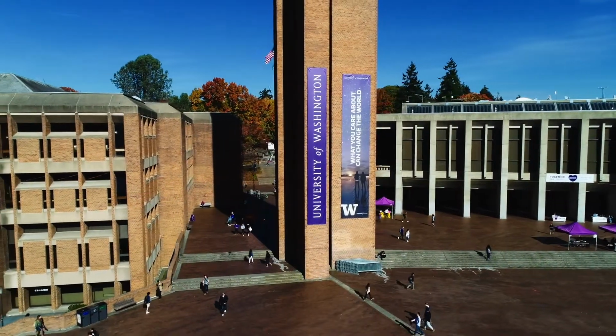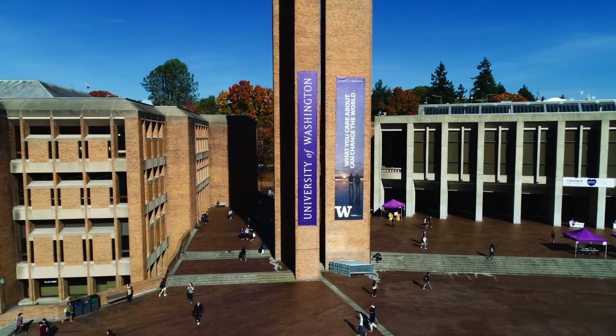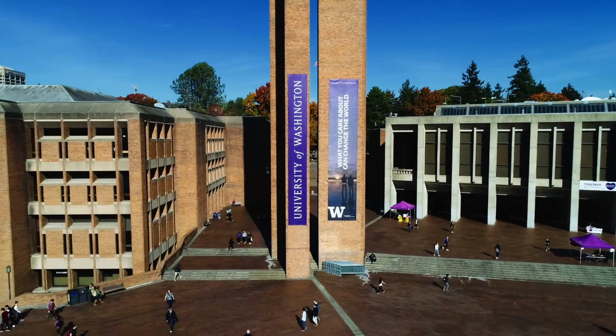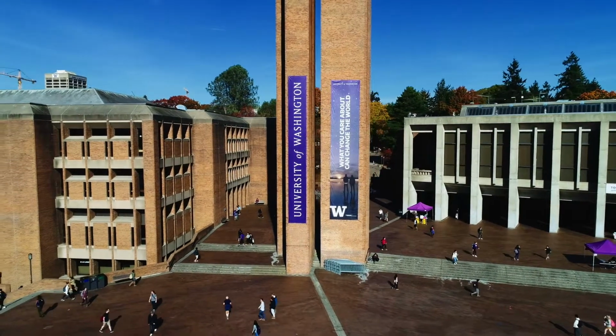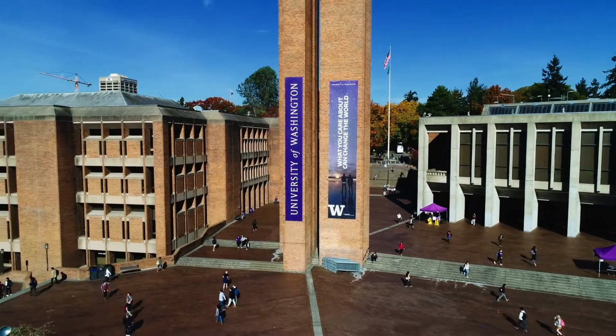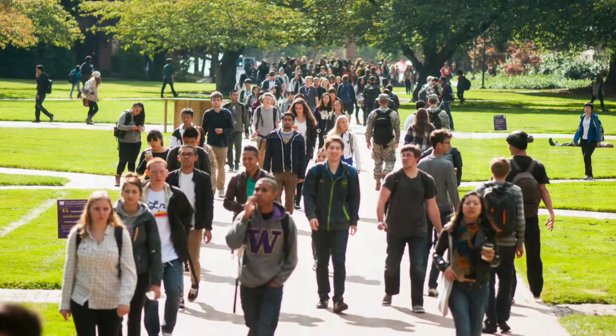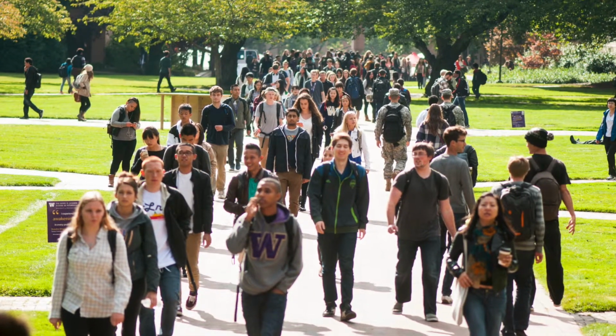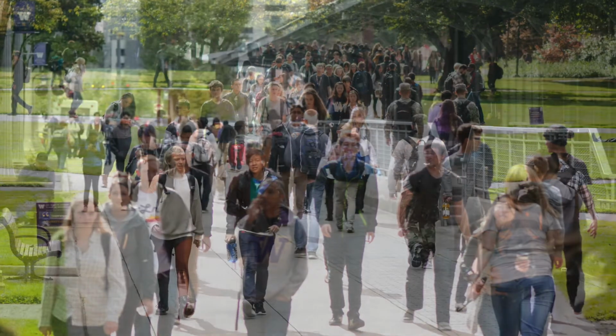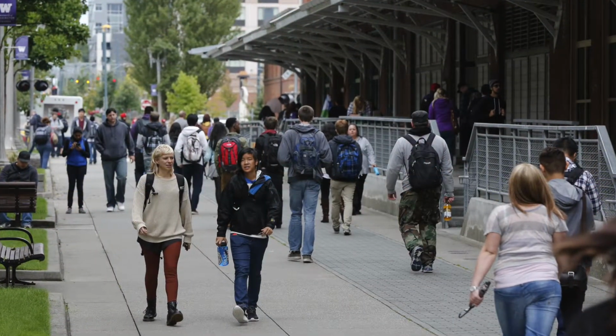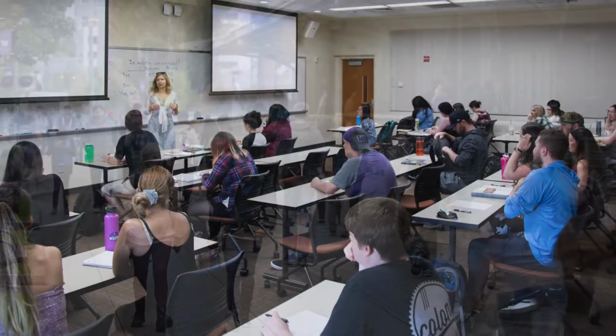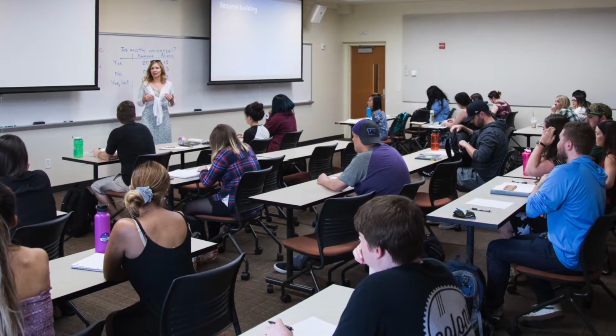Washington state law allows people to enroll in public colleges and universities regardless of their citizenship or immigration status. The University of Washington student population includes U.S. citizens, lawful permanent residents, international students with visas, and people with DACA status, as well as undocumented individuals.